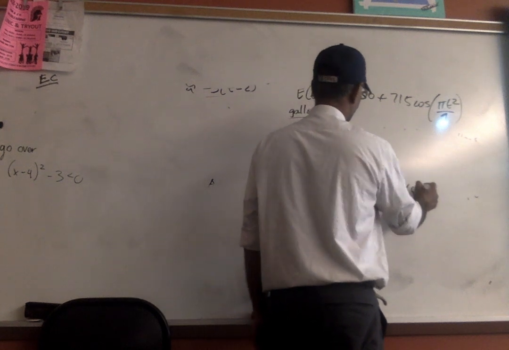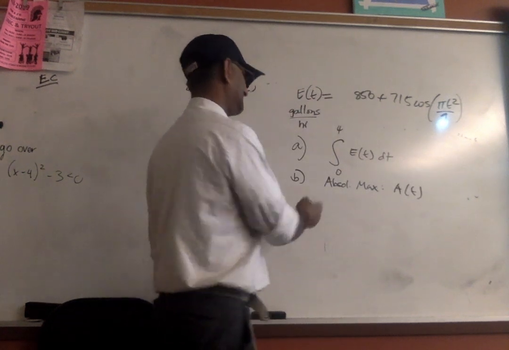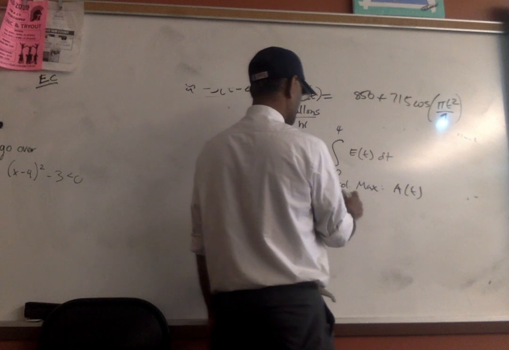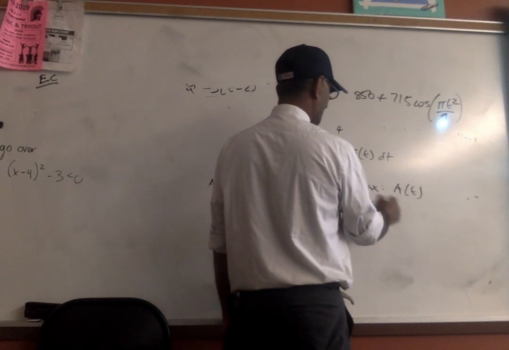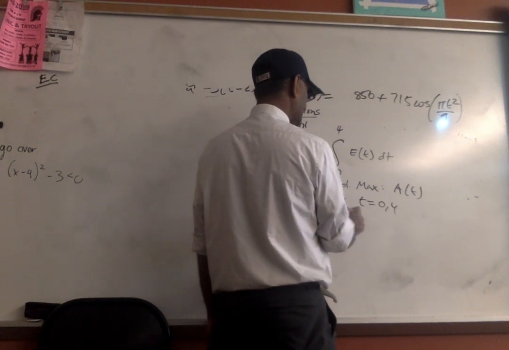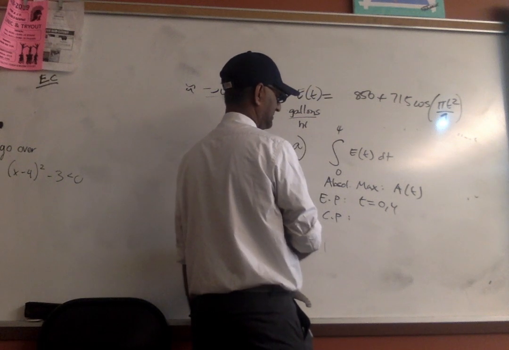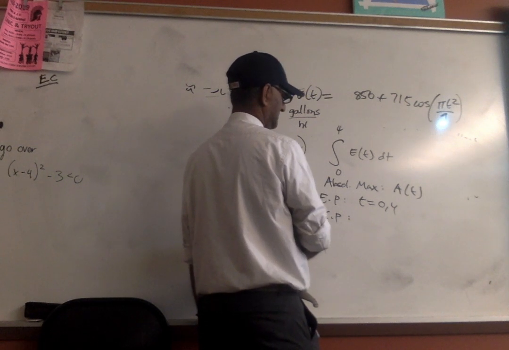I write good notes. Absolute max of the A of t function. So we should consider endpoints and critical points. Endpoints will be 0 and 4. Which is the only critical point I should focus on?